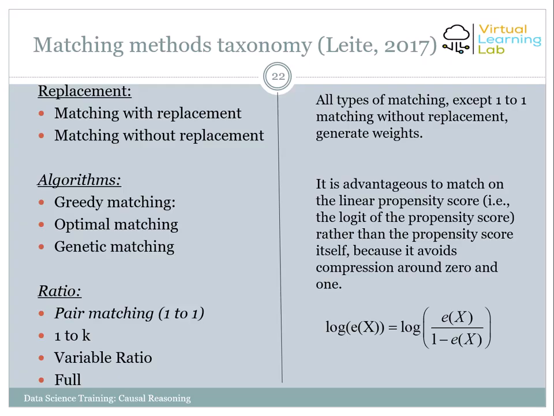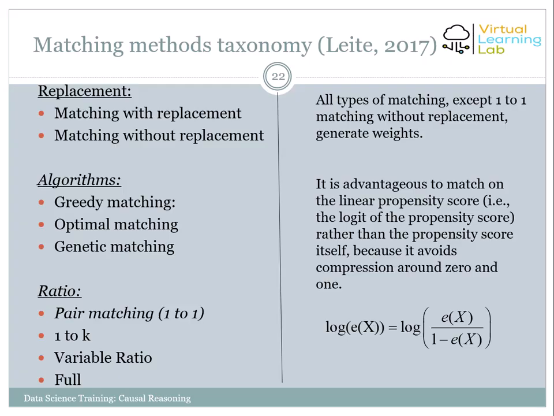And you can also match one-to-one, so each treated observation is matched to one untreated observation. You can do 1 to a fixed number, so 1 to 3 or 1 to 4. Variable ratio matching, where every treated unit is matched to as many available good untreated units as possible. And full matching tries to match every unit.